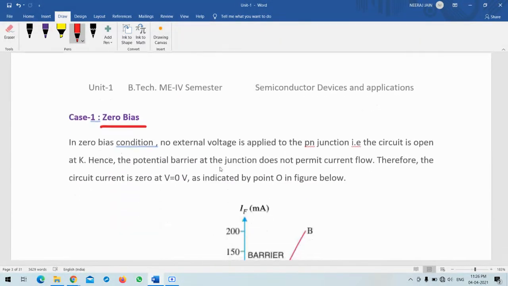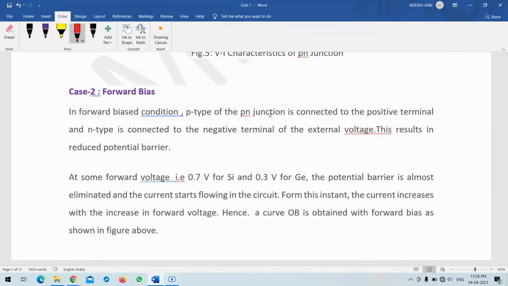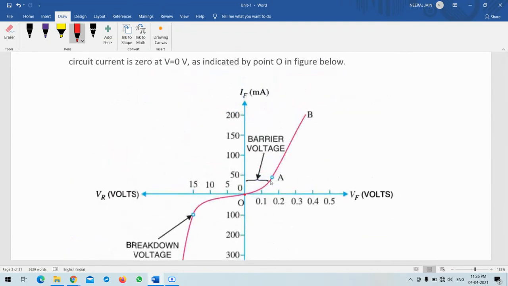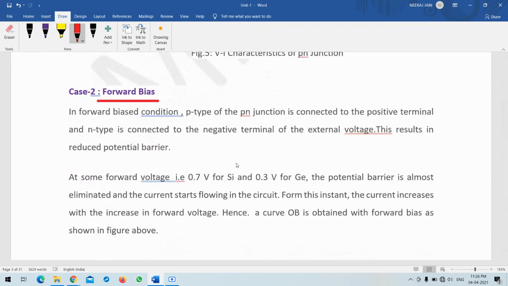Now in the forward region, what happens? In forward bias, we have seen that the forward voltage is applied. Initially, when we increase the forward voltage, the current will rise slowly, in the milliampere range. But after the forward voltage reaches 0.7 volt for silicon and 0.3 volt for germanium, that is called the potential barrier.